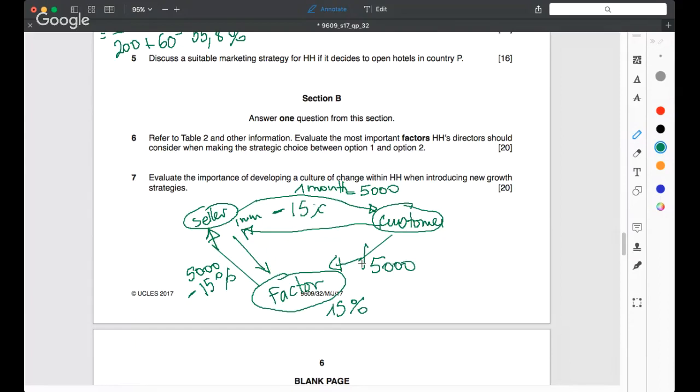So closing 3 and developing activities in their hotels. Which one would you like? Developing in country Z or closing 3 hotels to develop the leisure in their hotels? What do you think? I think option 1.